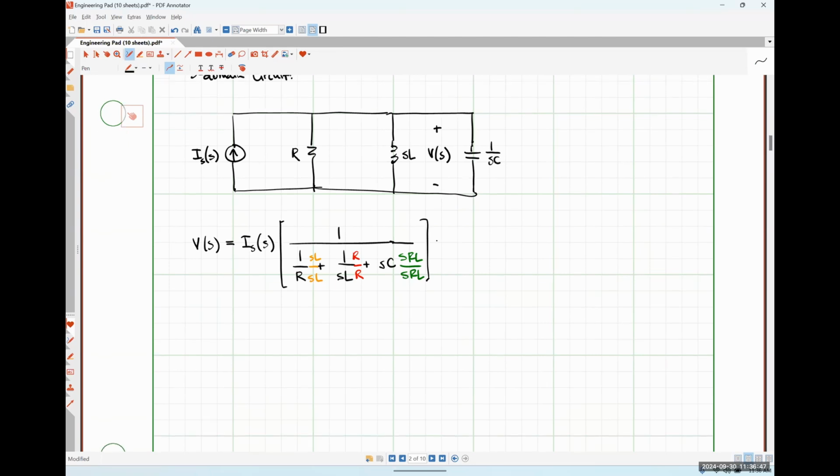So let's go a little bit further with this. We're going to have whatever our Laplace transform of our input signal is, times SL plus R plus S squared RLC, all divided by SRL.